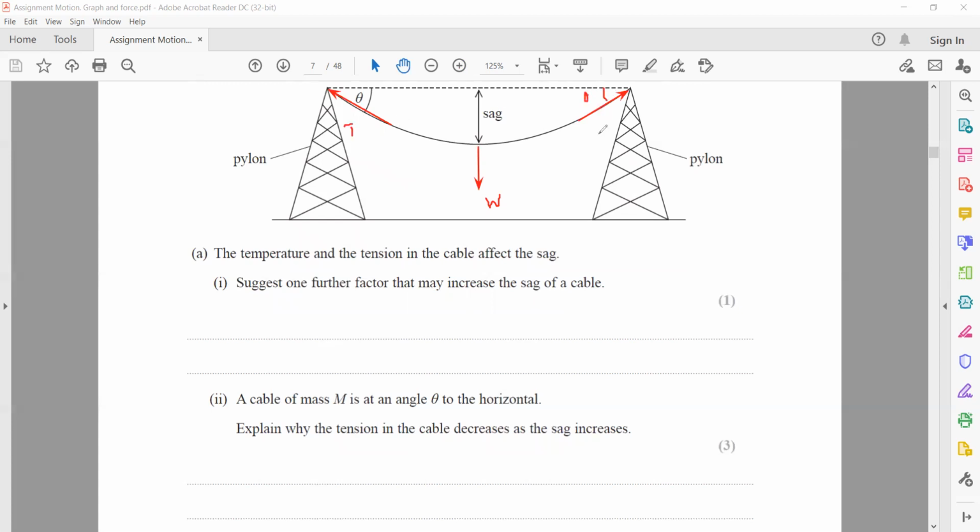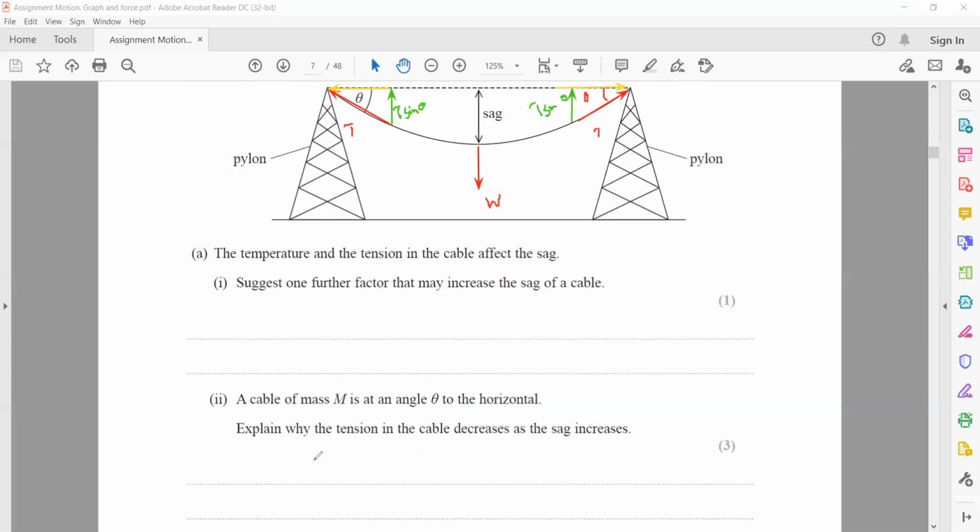This is T and this one is also T. The component which is with the angle will be T cos theta, and the component which is against the angle will be T sin theta. So T sin theta here and T sin theta here, and the weight will act downward.